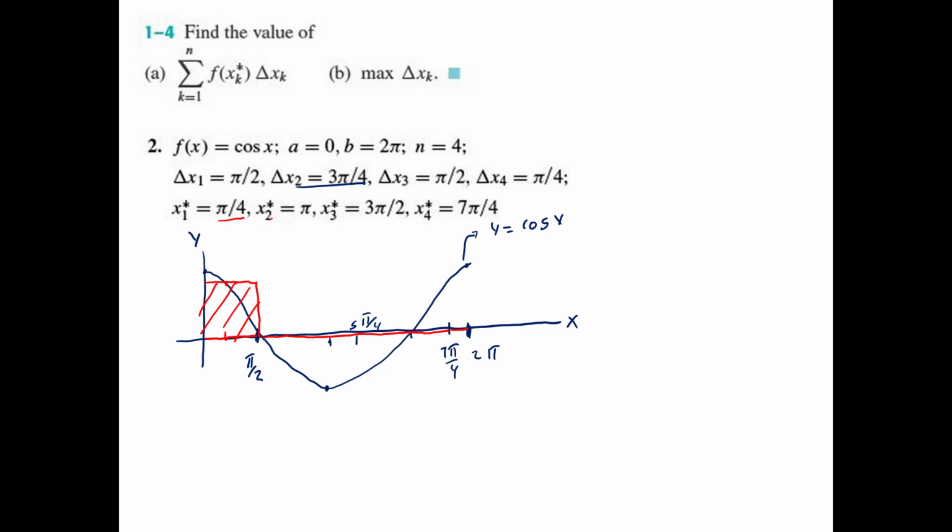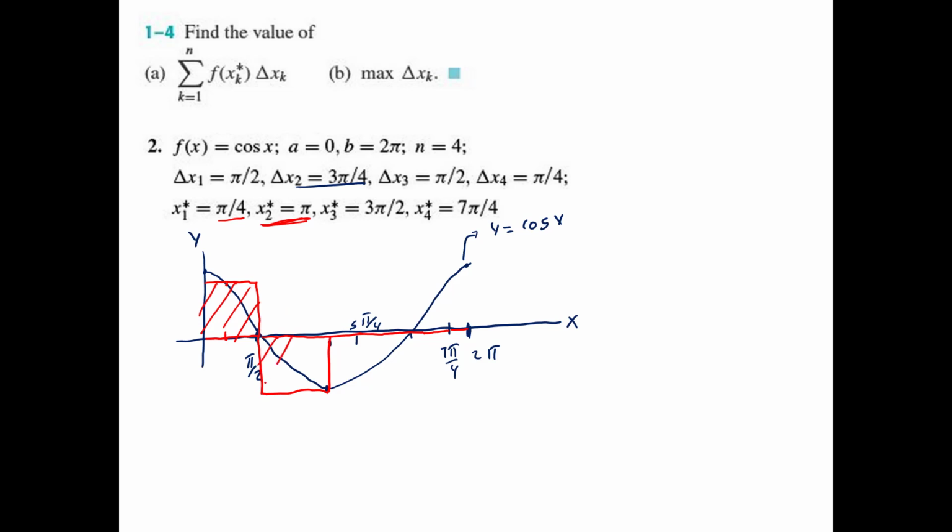Your height is going to be gotten by putting in pi. And so at pi, it's -1. And so then you're going to go down to -1, go over here, down to -1, go over here, and then up.